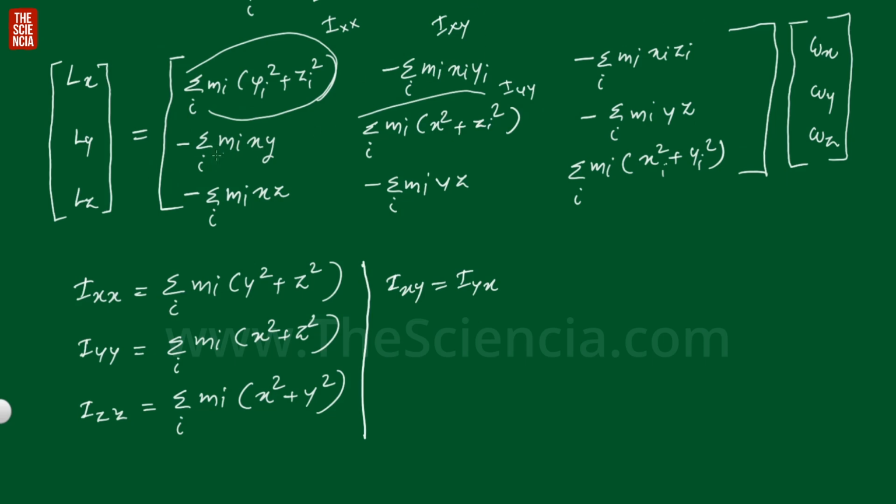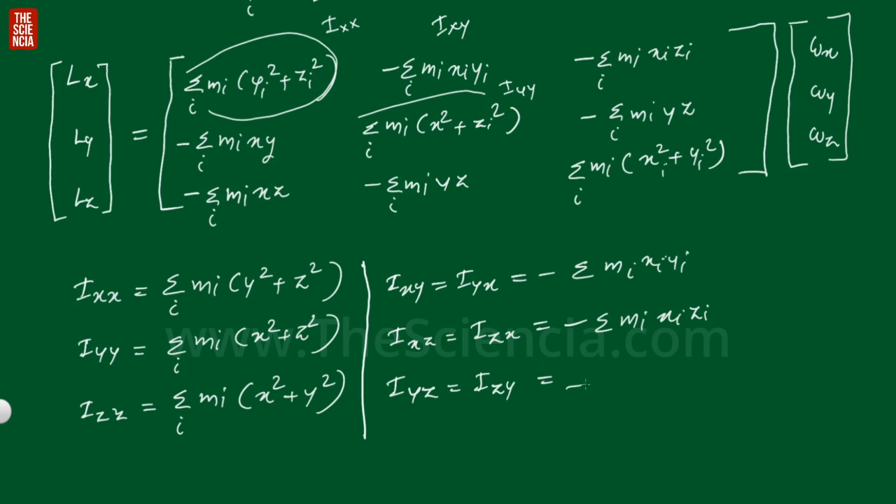This is the Ixy term and this is the Iyx term, equal to minus summation m_i x_i y_i, and Ixz will be equal to Izx, that is equal to minus summation m_i x_i z_i, and Iyz will be equal to Izy, and that is equal to minus summation m_i y_i z_i. These are very important.